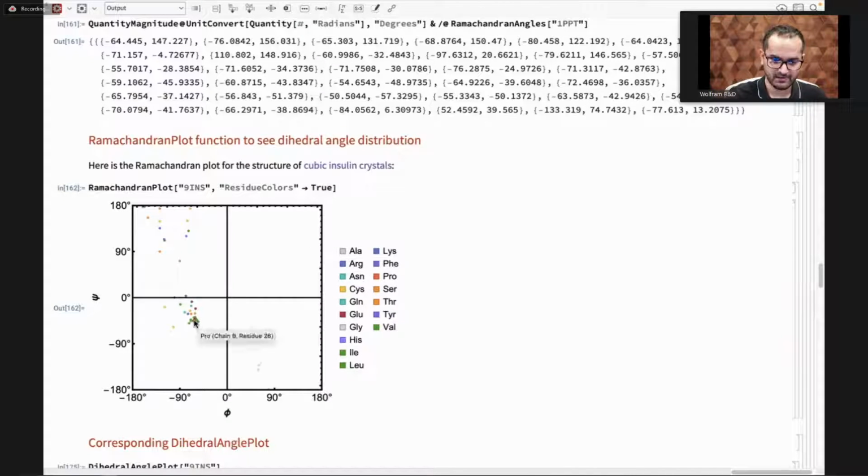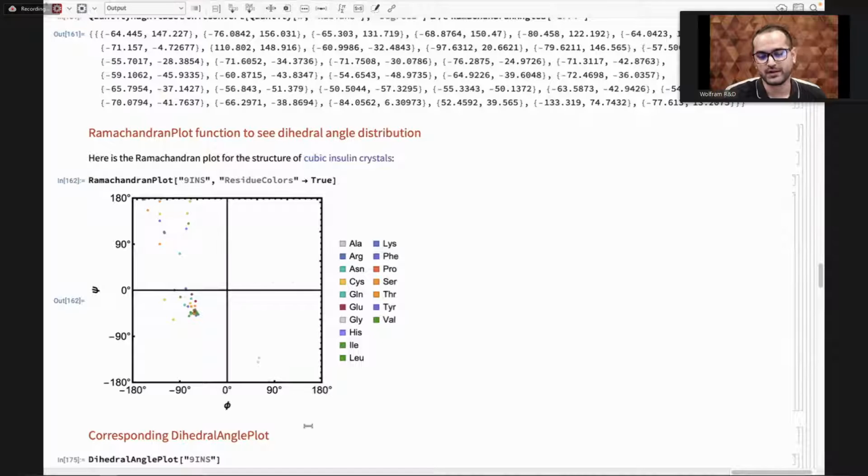And not only that, if you hover around specific points, it will tell you the chain, the residue number, the amino acid name and so on, making it much more interactive, and it can also be used for research or teaching purposes. This function also has a lot of other options, which you can see in the documentation pages.